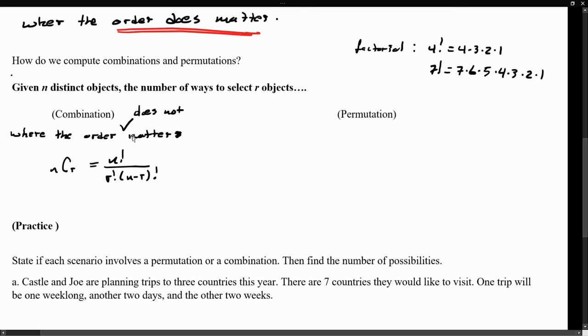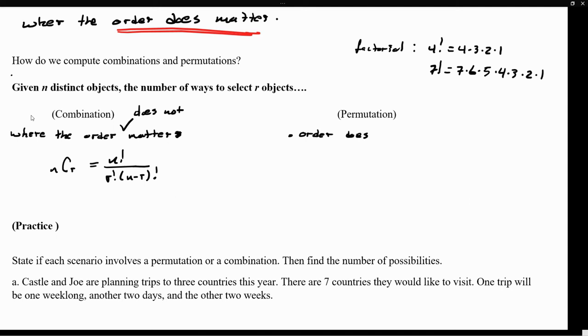So we're using the idea of factorial to define combinations and also permutations. Because under permutation, where the order does matter, the formula we'll be using is n factorial all over n minus r factorial.